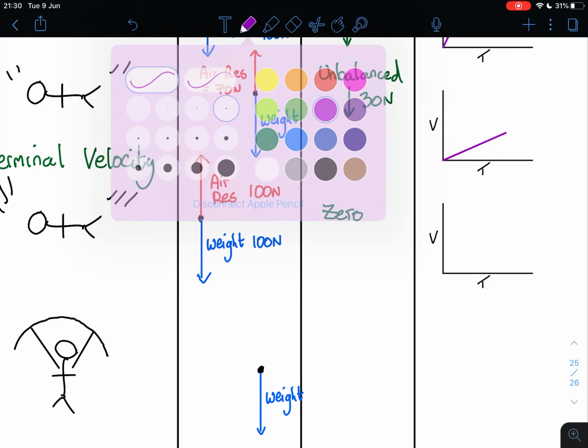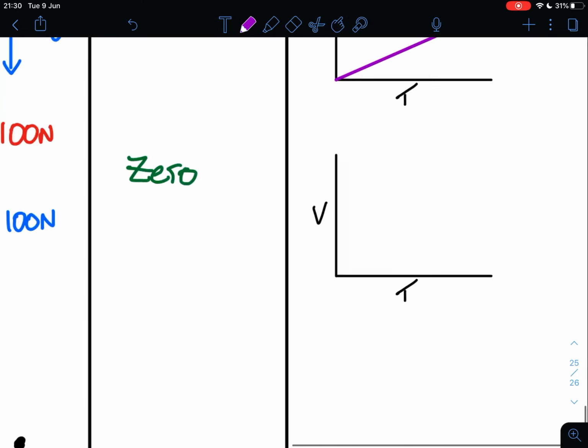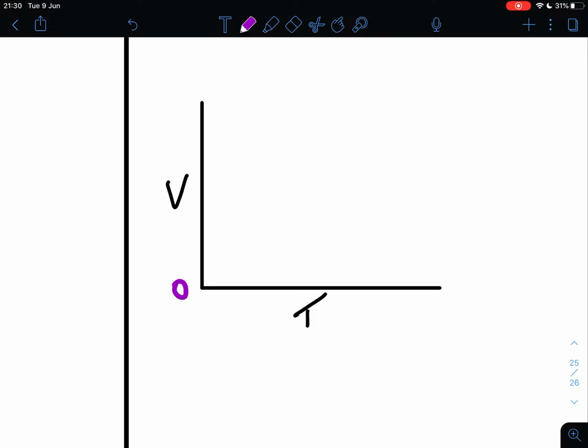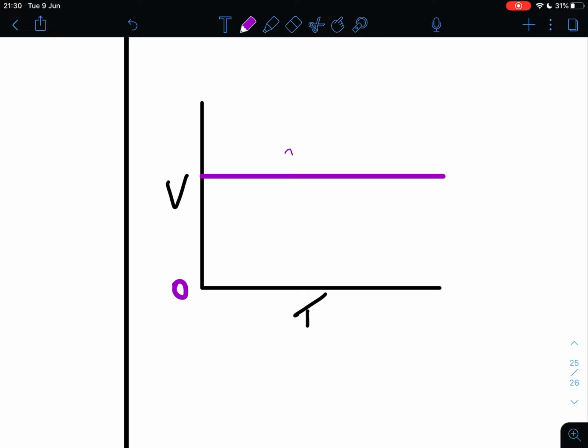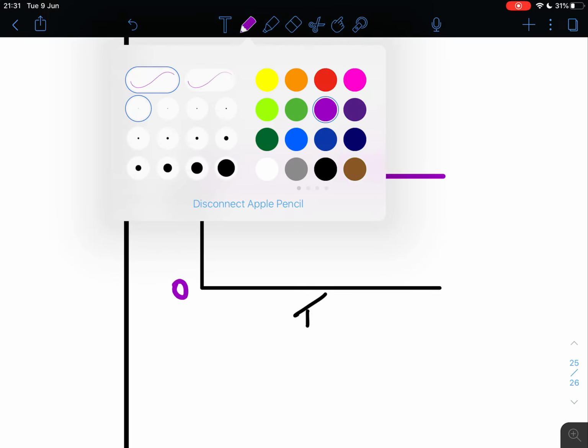Now, it doesn't necessarily mean I'm going to go across at 0, because remember, this is 0 meters per second. In freefall, terminal velocity is around 130 miles an hour. So it'll be a straight line across like that. So I can put in here approximately 130 miles per hour. And that's for a human being.